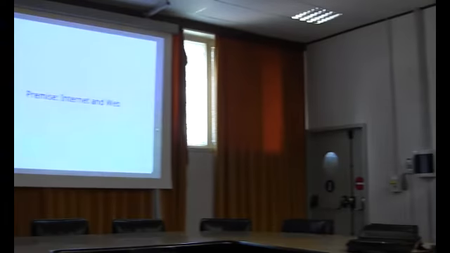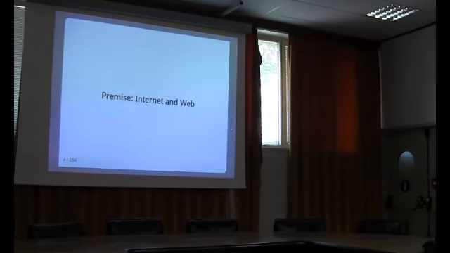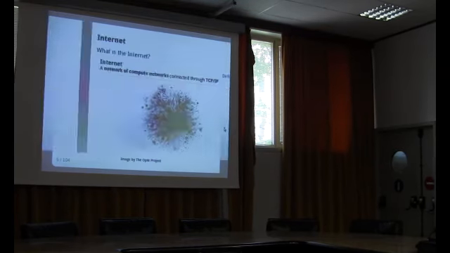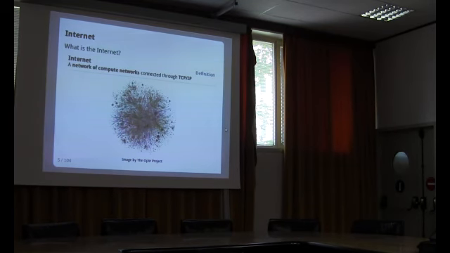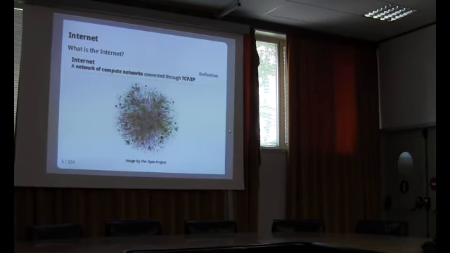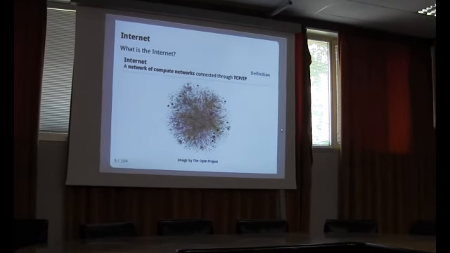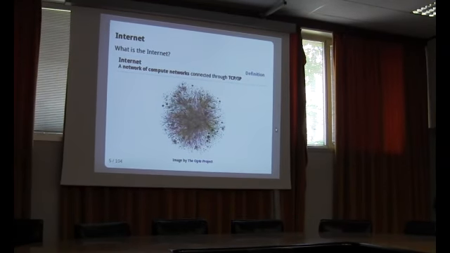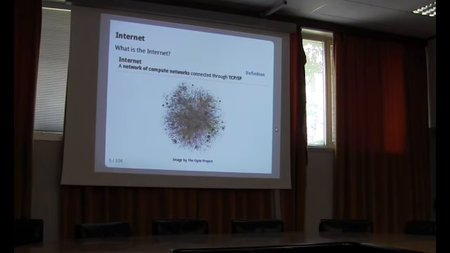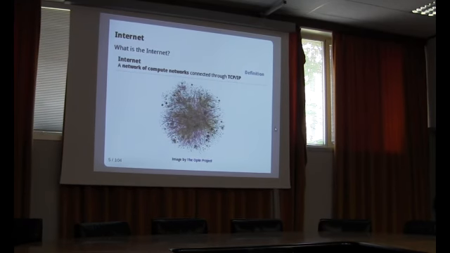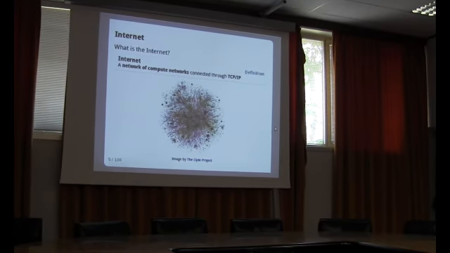Okay, let's start with the premise about what the internet is, and what the web is. The internet is, in the simplest definition, just a network of computer networks that are connected through a pair of protocols called TCP/IP. This image is just a graphical representation of the internet made by the Opte project.